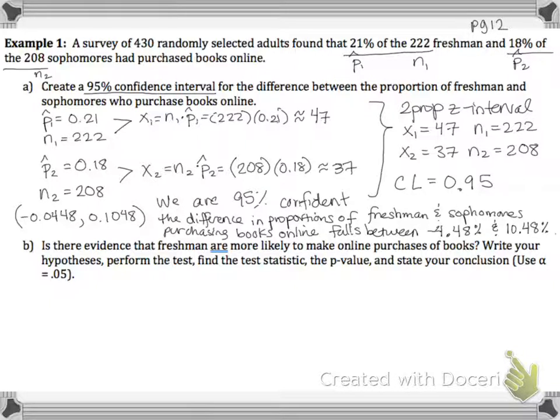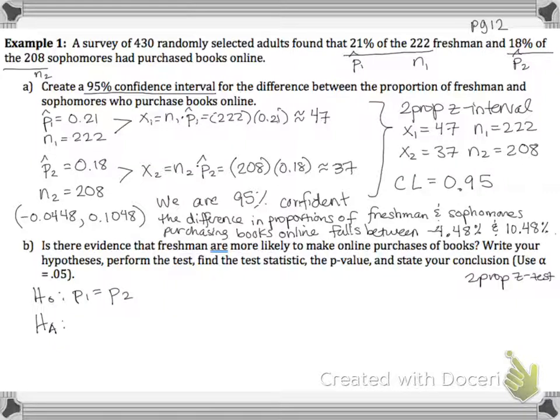Whew, okay, so let's begin with writing hypotheses. I want to remind you that for the 2-prop z-test, which is what this is, let's write that over here, 2-prop z-test. Remember, this is a test on 2 different proportions, which is what we decided from reading it at the very top. The null hypothesis always looks like this: P1 equals P2.